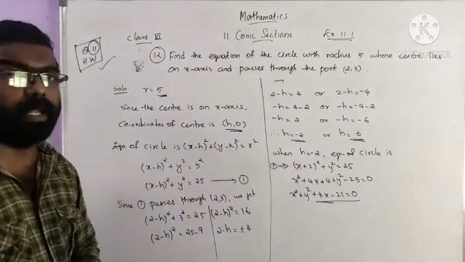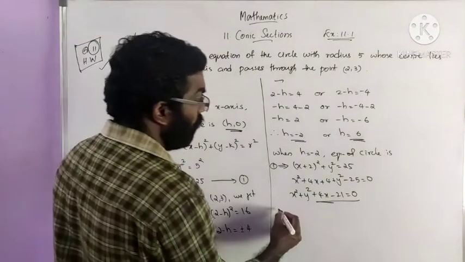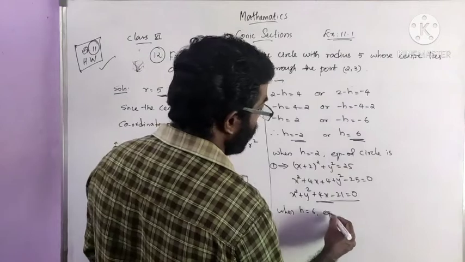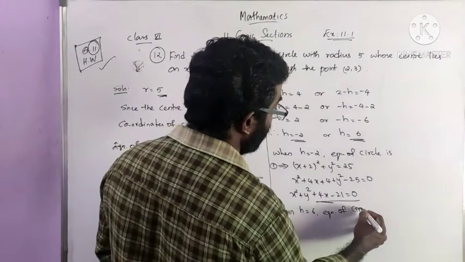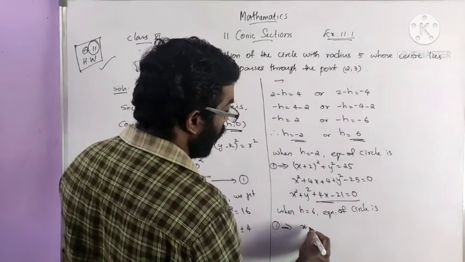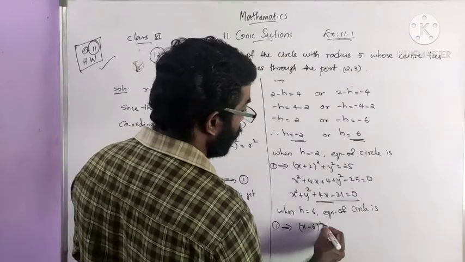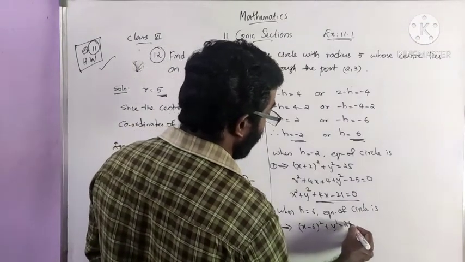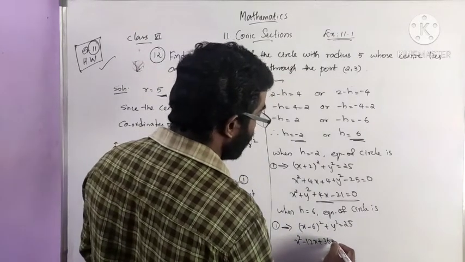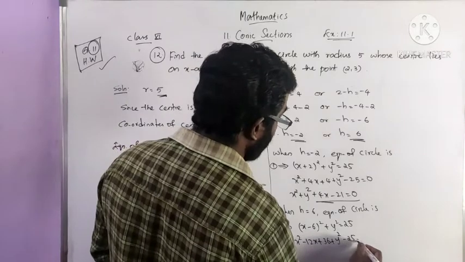This is one equation. And when h is equal to 6, equation of circle is, equation 1 implies x minus 6 the whole square plus y square is equal to 25. That is x square minus 12x plus 36 plus y square minus 25 equal to 0.